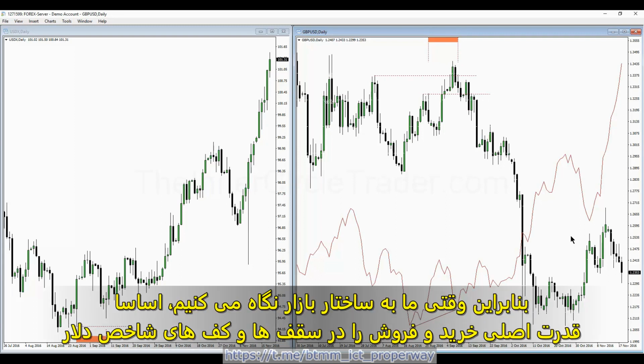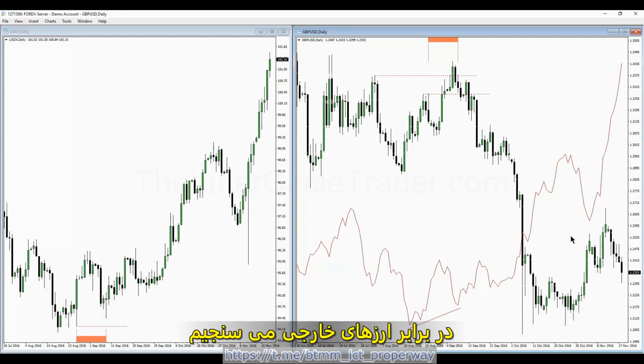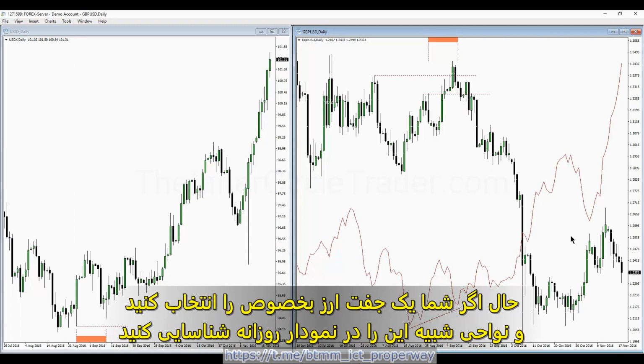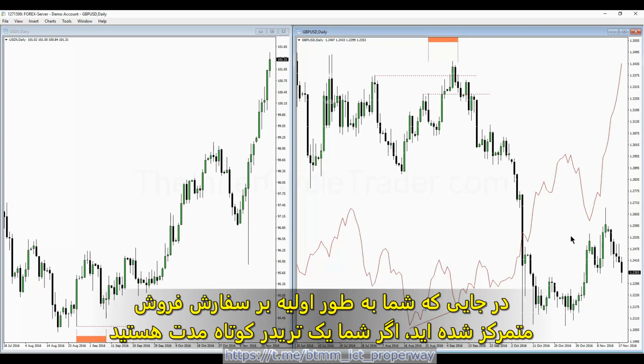So when we look at identifying institutional market structure, what we're basically doing is weighing the underlying strength of the buying and the selling at respective highs and lows in the dollar index versus foreign currencies. Now, if you pick one particular currency pair and you identify areas like this, especially on a daily chart, it gives you a long-term perspective where you can be focused primarily on being short.